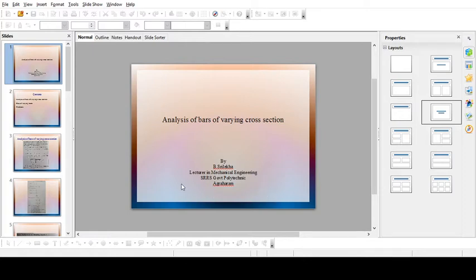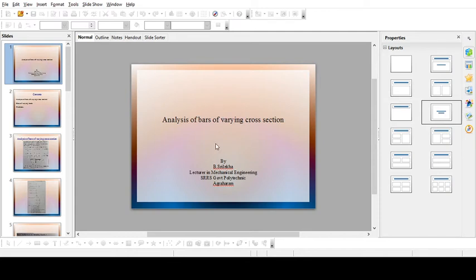Similarly for this, P is the load and its area is A2, where A2 is pi by 4 D2 square. Now, how do you calculate the total elongation? Stress you will be taking simply as P by A1 and P by A2. Next, Young's modulus is E as it is. Now strain is equal to P by A into E.